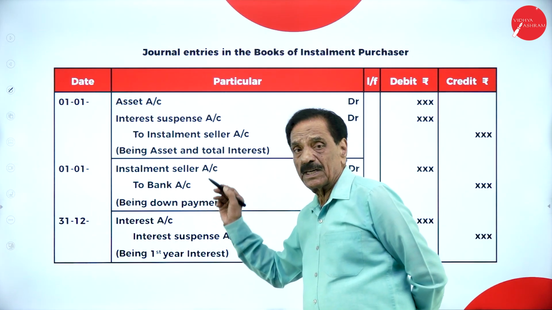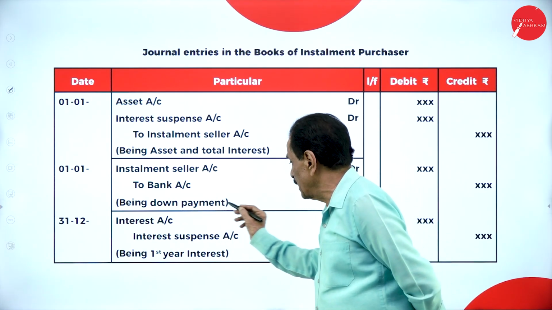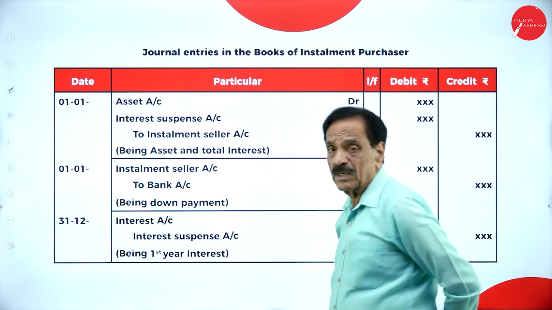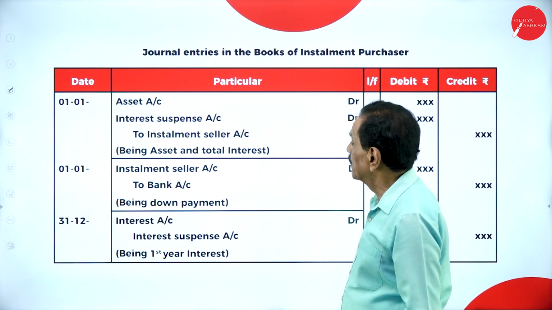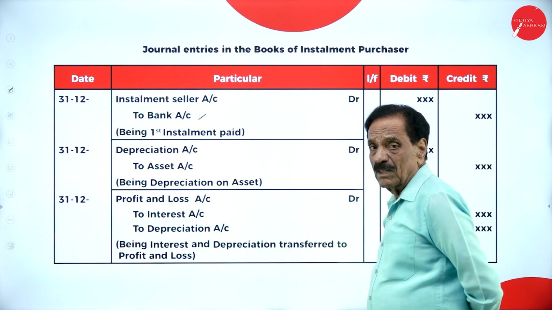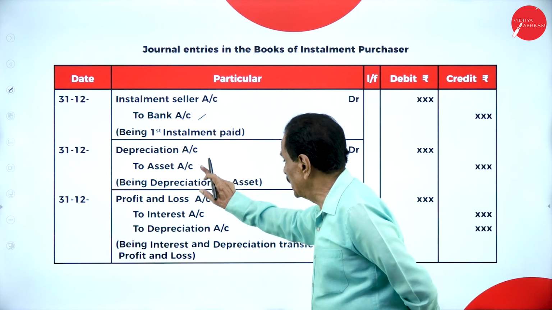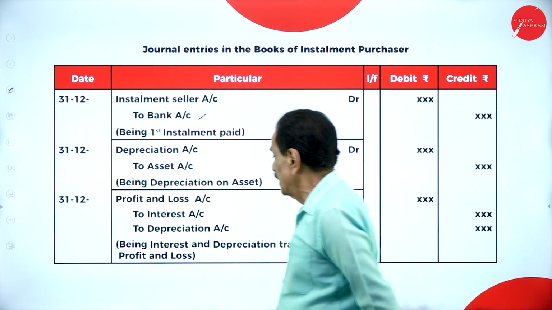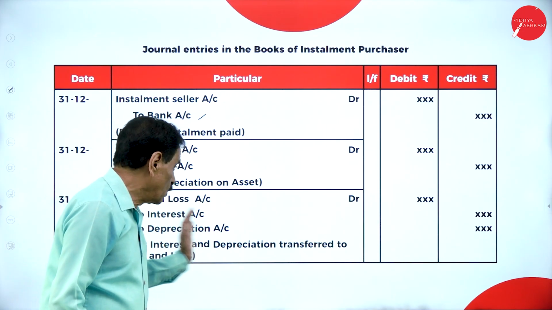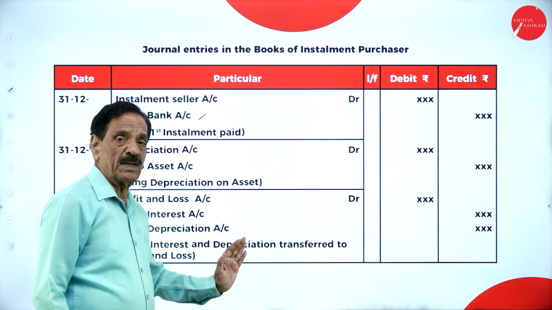Installment seller account debit to bank account, being the down payment. Then interest account debit to interest suspense account. Then installment seller account debit to bank account, depreciation account debit to asset account, transfer entry, profit and loss account debit to interest account and to depreciation account.